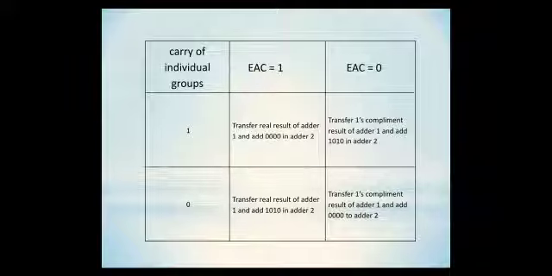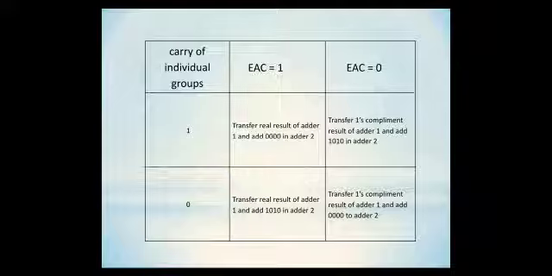When the carry is 1, if EAC is equal to 1, we transfer the real result of adder 1 and add 4 zeros in adder 2, and if EAC is 0, we transfer the 1's complement result of adder 1 and add 1010 in adder 2.